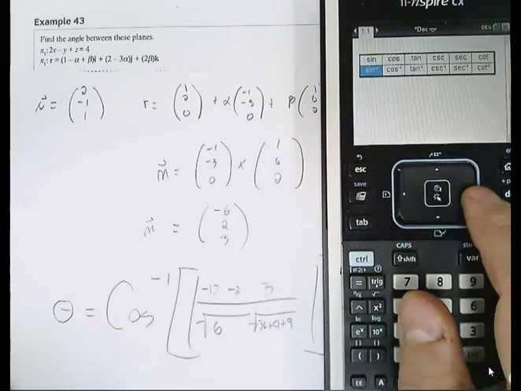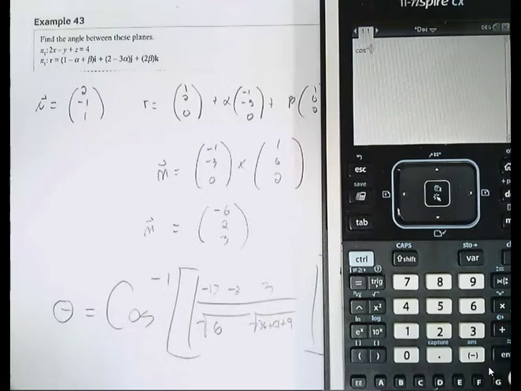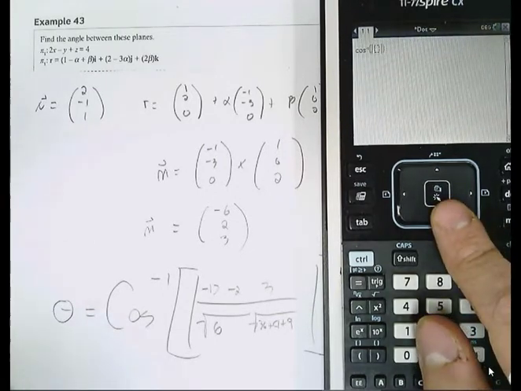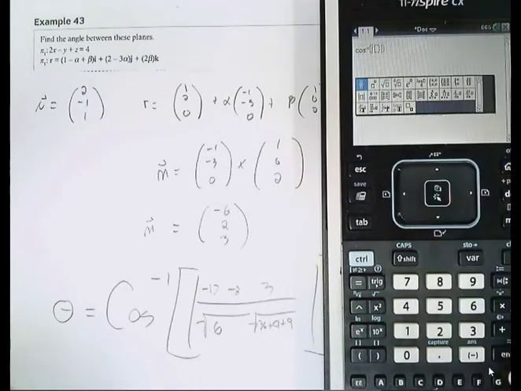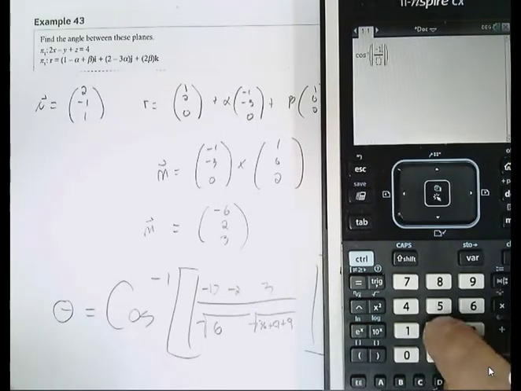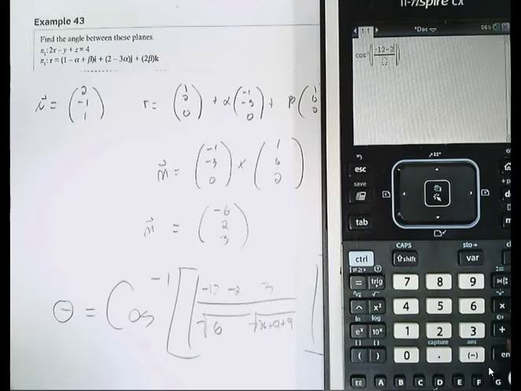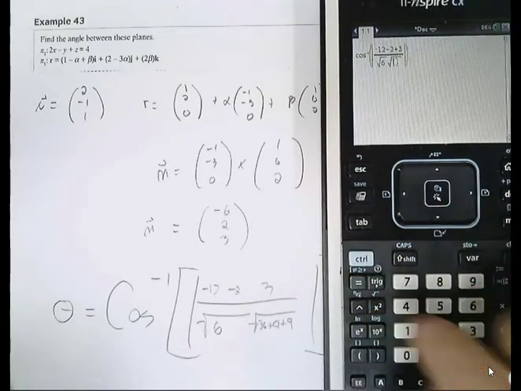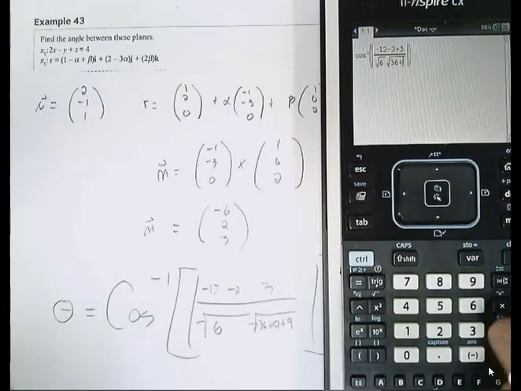I'm going to do cosine inverse. I'm going to need the absolute value, and I'm going to need a fraction form right here, and I got negative 12 minus 2 plus 3 all over the square root of 6 times the square root of 36 plus 4 plus 9.